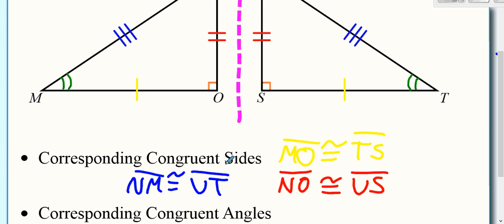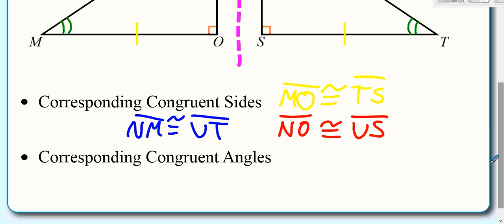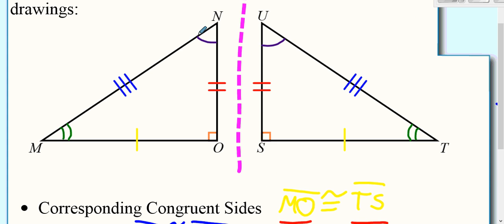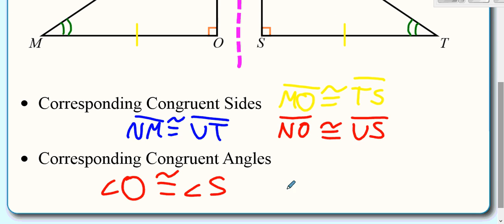We're going to do the same thing with the angles. Angle O is congruent to angle S. We know that because they both have the 90-degree marks. Then we've got, that looks like purple, angle N and angle U. Those are corresponding, so they are congruent.